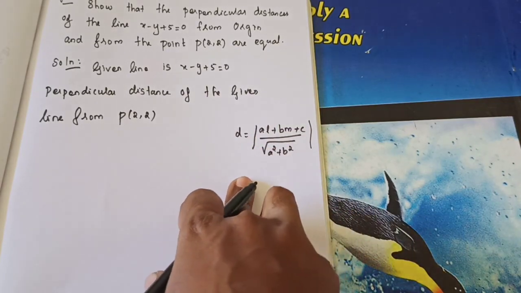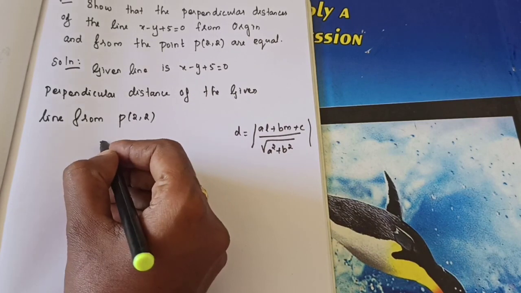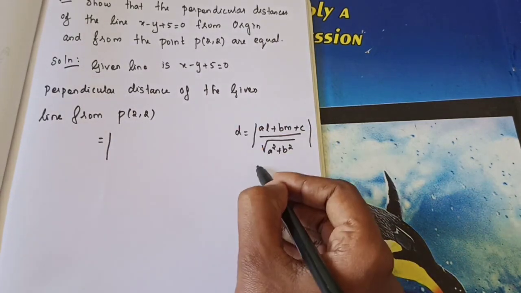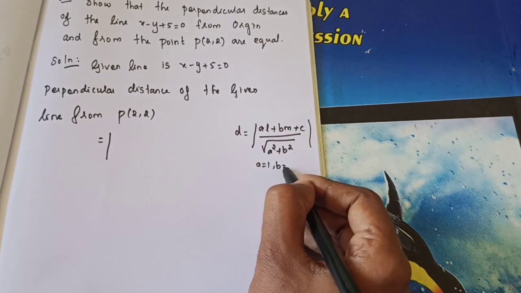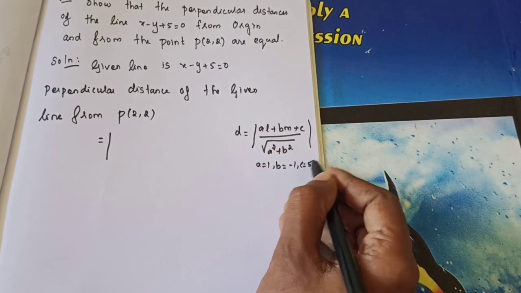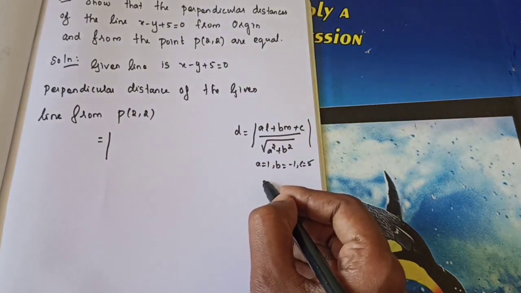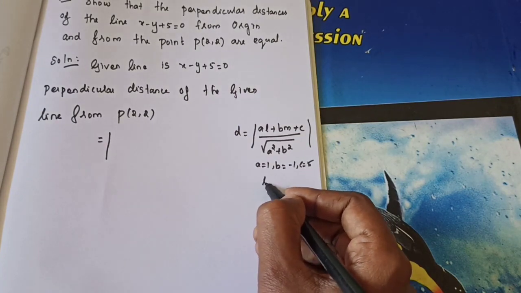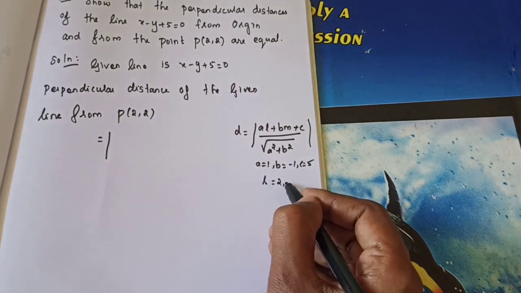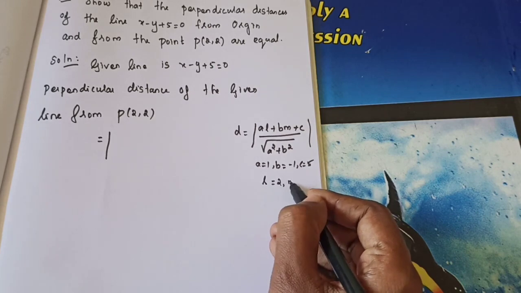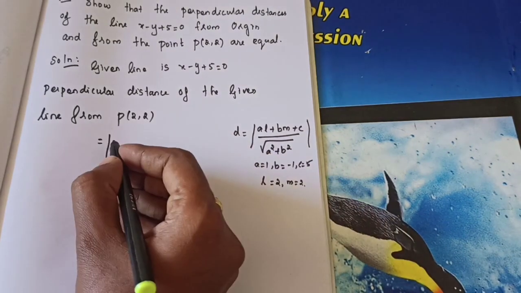Now you can substitute in this formula. A value is 1, B value is minus 1, C value is 5, from the line. Then the point: L value is 2, M value is 2.